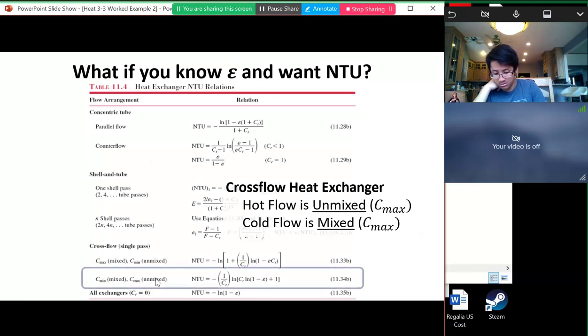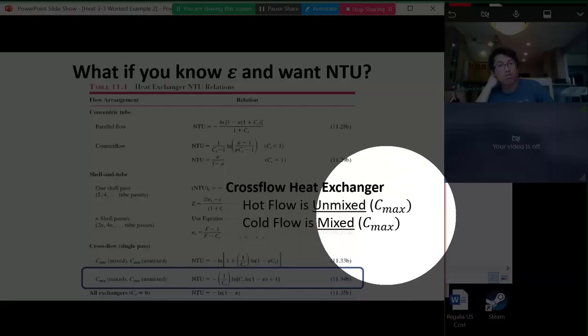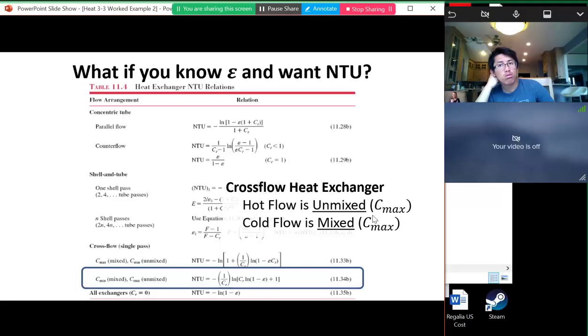So now I can look back at these correlations and I see that C min is my cold side, and C max is my hot side. Again, there's another mistake in here. I wrote these both as C mix or C max. So C min is mixed and C max is unmixed. And because of that, I can pick this equation for NTU.